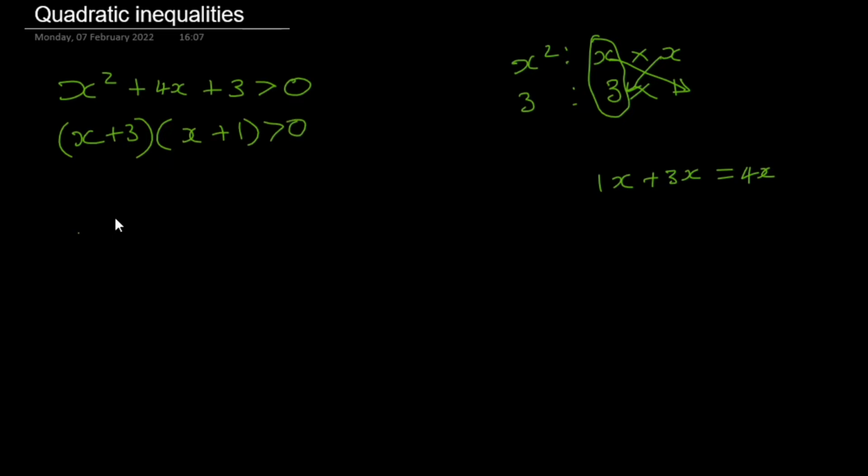So what I should realize here is that I found the roots of this quadratic equation. And the roots obviously are x equal to minus 3, and the other root is x equal to minus 1.